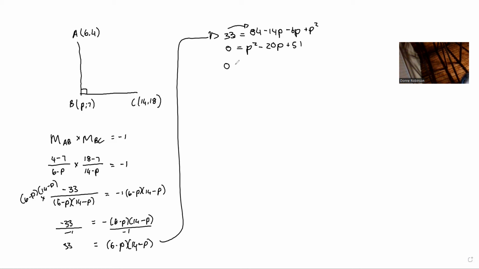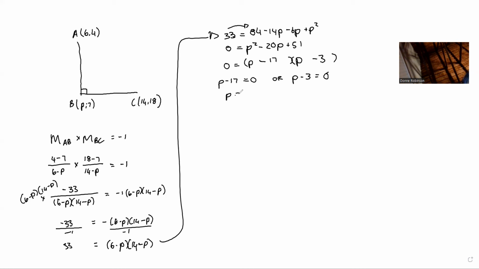And then we can factorize to get our two brackets again. We're going to end up with (p minus 17)(p minus 3). Then we can just say that p minus 17 could be equal to 0, or that p minus 3 could be equal to 0.